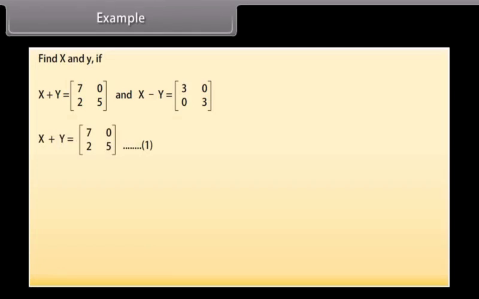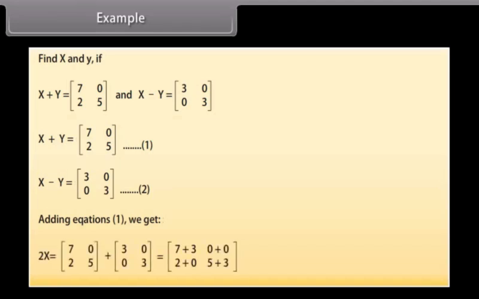Given X plus Y and X minus Y, mark them as 1 and 2. Now, adding equations 1 and 2, we get 2X is equal to the matrix first row 10, 0, second row 2, 8. Therefore, X is equal to the matrix first row 5, 0, second row 1, 4.